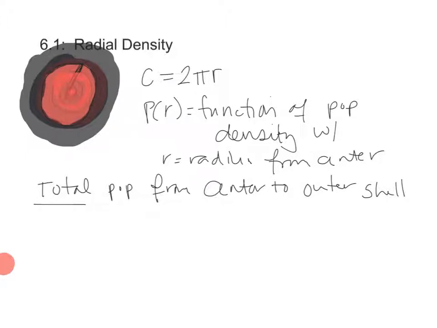The total population that lives inside that pink zone can be written as an infinite sum from the center to the edge of the radius of all the circumferences times that radial function with respect to r.